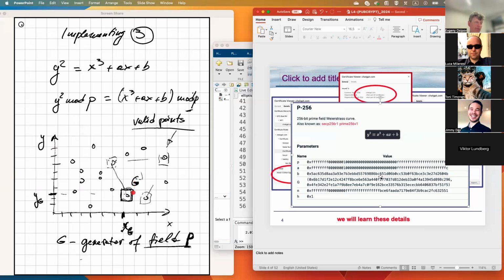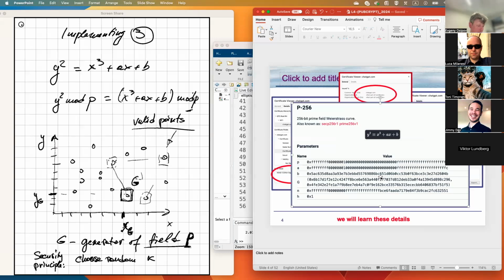We start with this G, which is given to us, and we choose a random K and keep it secret.